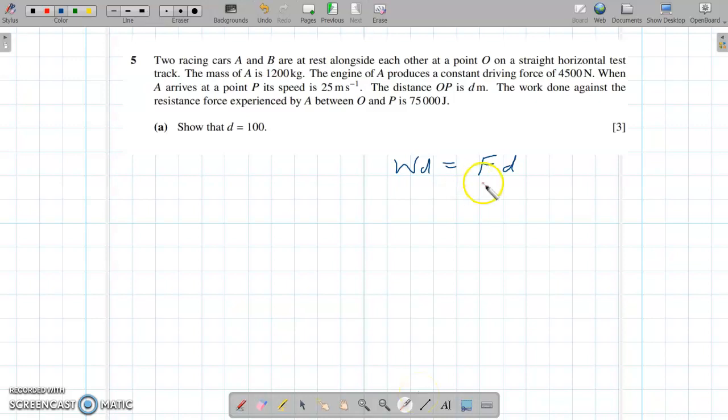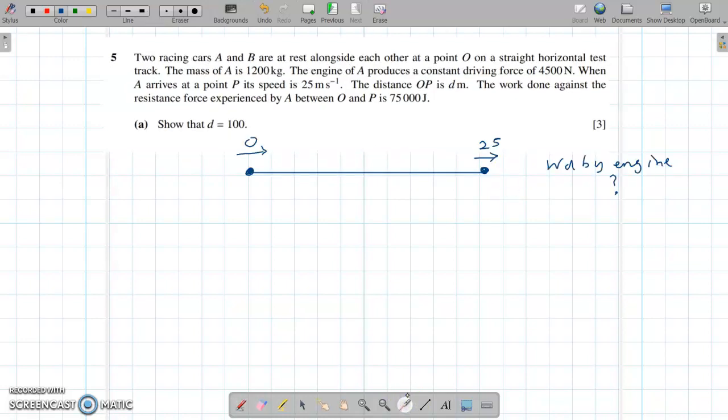So we've got F, we want to work out D, and we just need the work done by the engine. Work done by engine equals driving force of engine times the distance moved. So we need to work out the work done by the engine, and then once we've got that, we can use this equation to work out D.